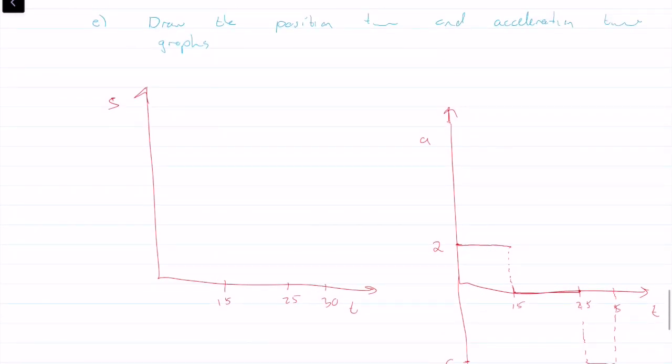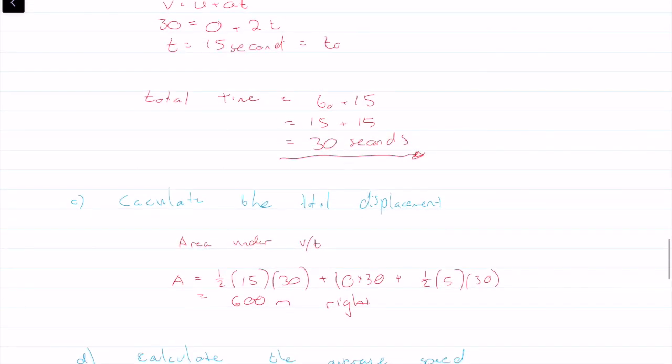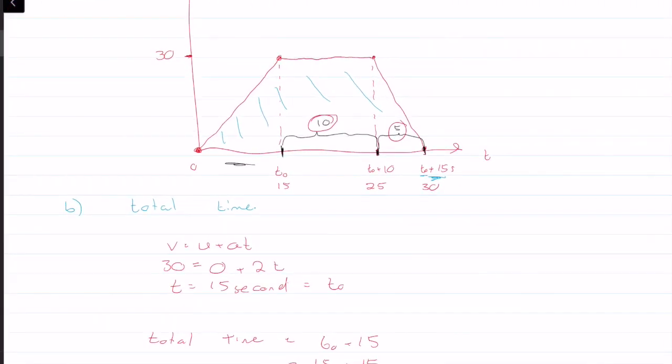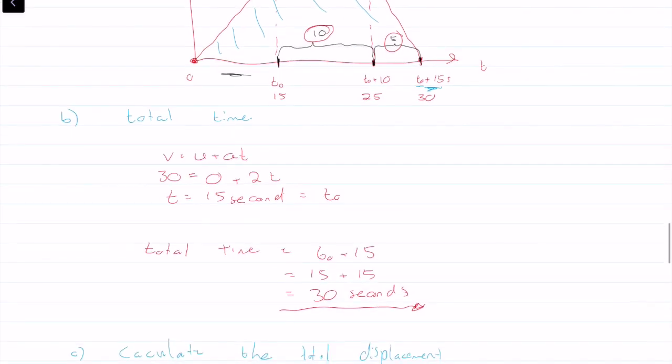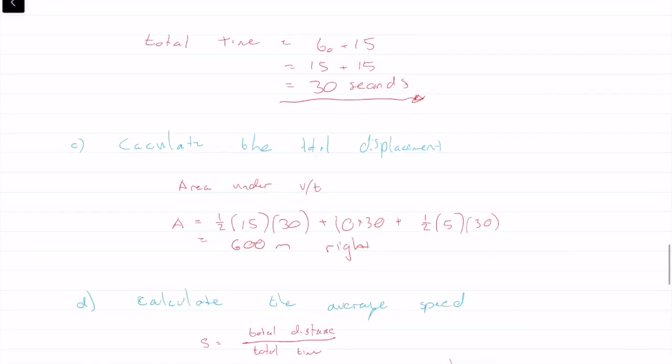Now we have to discuss the displacement time graph. For the first part of this question, we are increasing our velocity. Let's just note this quickly. For the first part, we have 0.5 times 15 times 30, which is 225 meters. The next part is 300, and so the next part must be 75 meters.